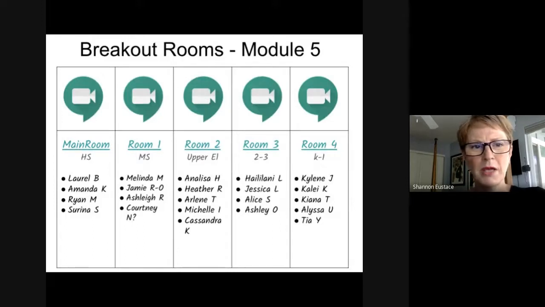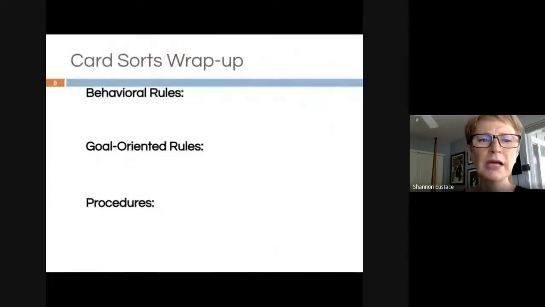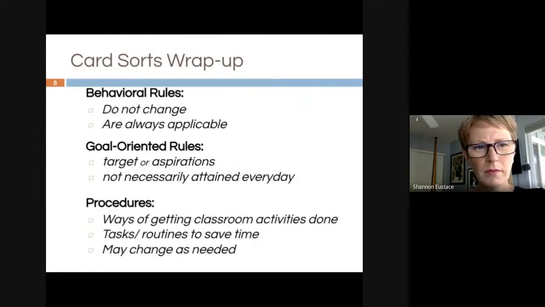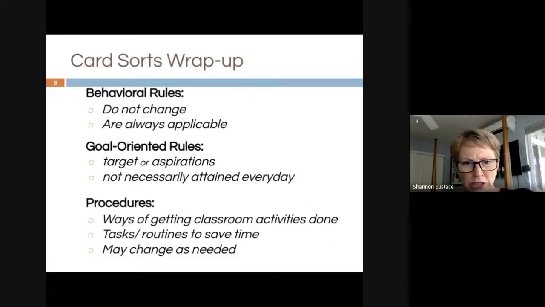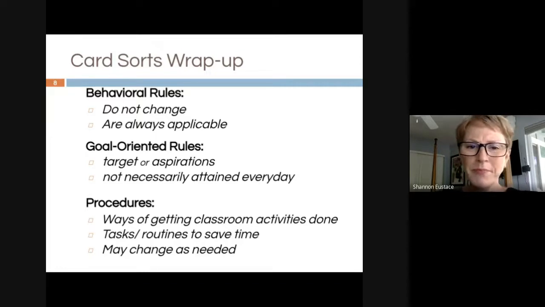All righty. Okay, so when we did this, we came up with 3 categories: behavioral rules, goal-oriented rules, and procedures. Behavioral rules do not change, and they're always applicable. Goal-oriented rules are targets or aspirations, and maybe you're not going to hit them every day, right?